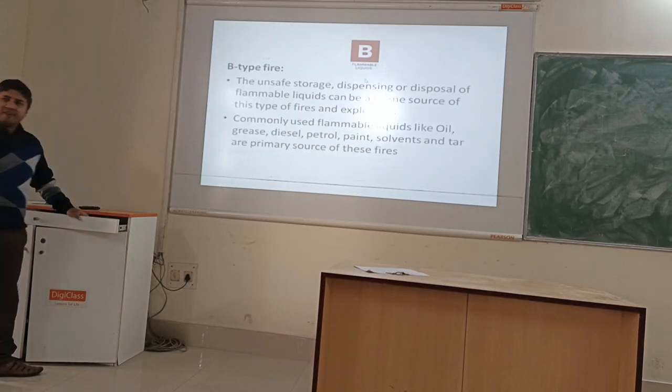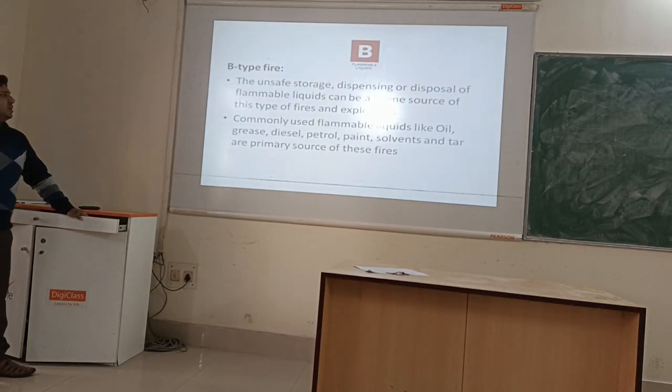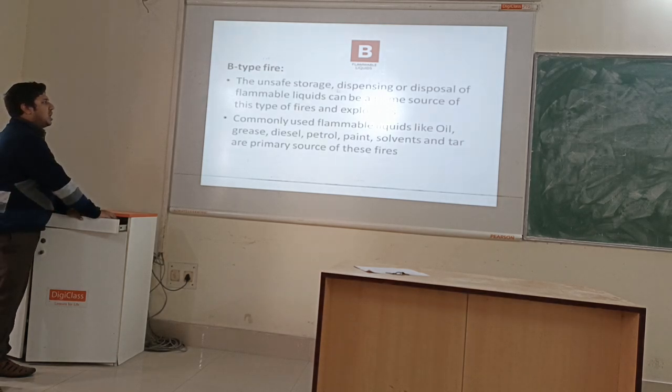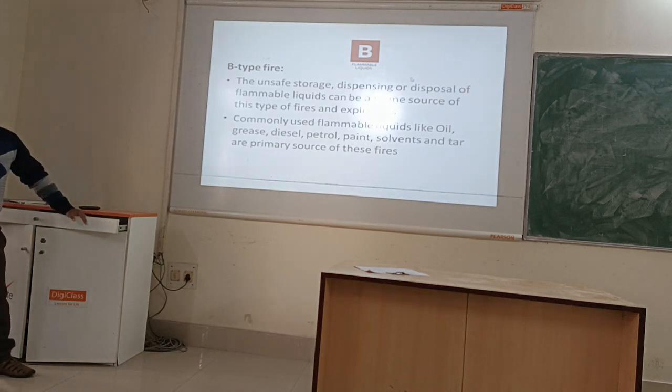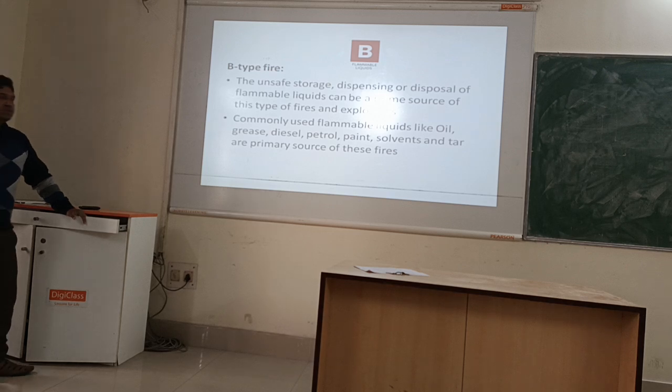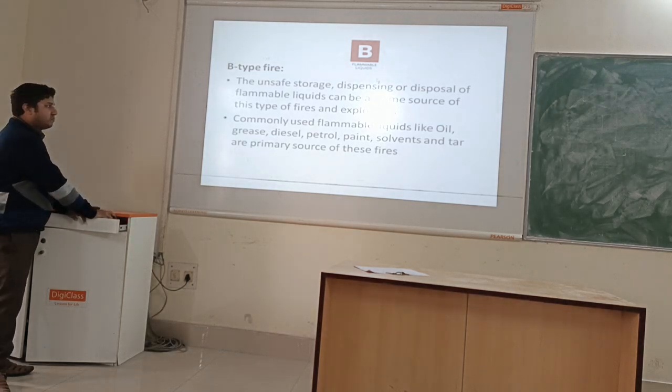Next is type B fire. In type B fire, there are some materials which are unsafe for storage, the type of liquid. If they are stored for a long time, sometimes they may become combustible, and it may be very hazardous to keep such explosive, flammable liquids.